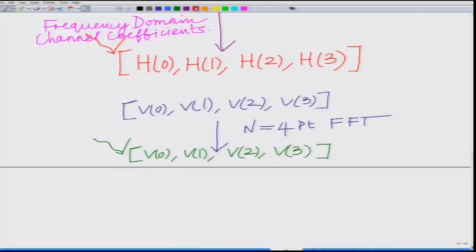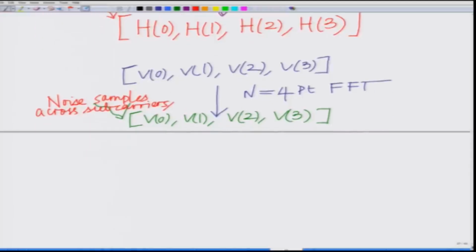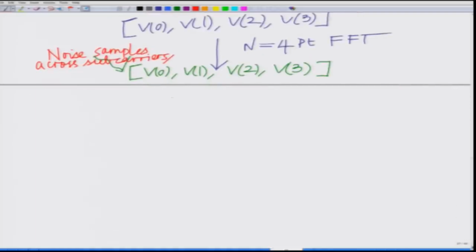These are basically the frequency domain noise samples across the subcarriers.